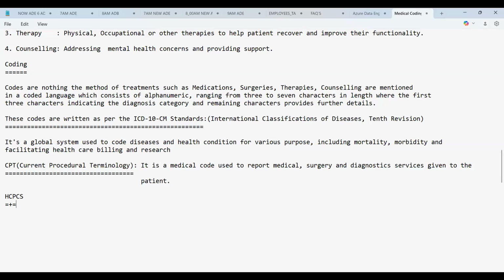What does HCPCS stand for? Healthcare Common Procedure Coding System.